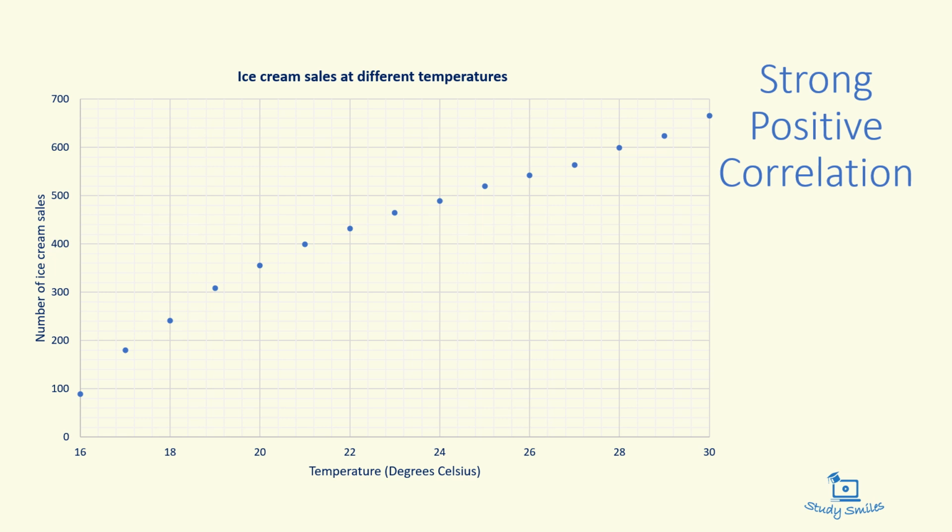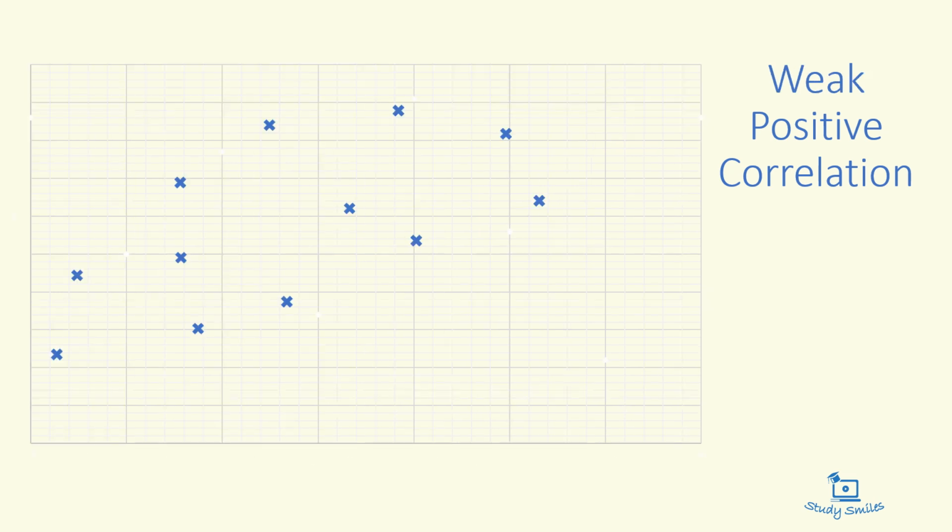Not all scatter diagrams have points that show such an obvious correlation, so we use the term strong positive correlation for a diagram such as this. This is what we call a weak positive correlation. There is just about an upward trend of data points.